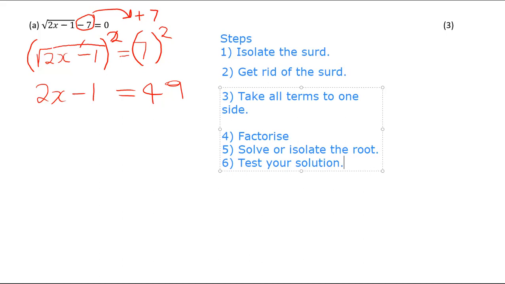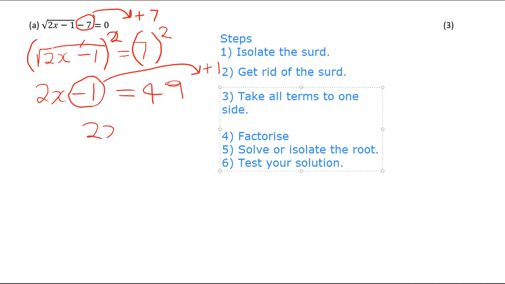I will start by first isolating or simply transposing this -1 over here. It's negative. When it's transposed and crosses the equal sign, it will become +1. So on the left-hand side, I'm simply isolating the root, okay?